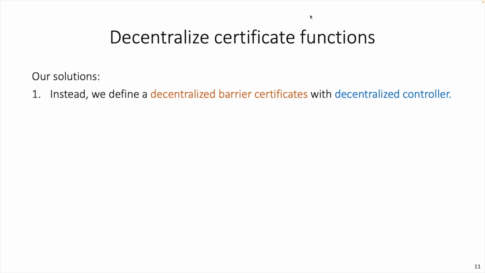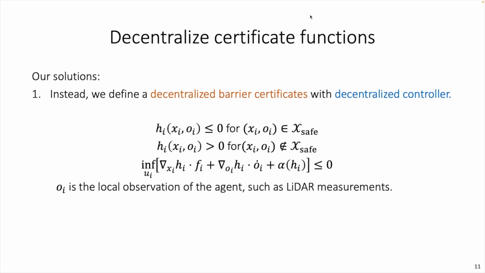So what we did is we decentralized the barrier function together with a decentralized controller. And if I just write down how the decentralized barrier function looks, it's almost the same as what you have seen. Yeah, the 3 conditions here are almost an identical copy of the original definition of the barrier function.